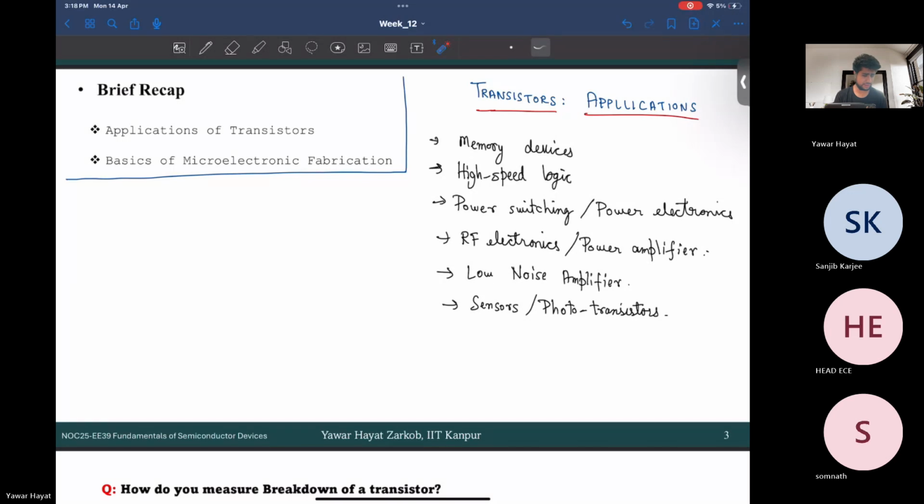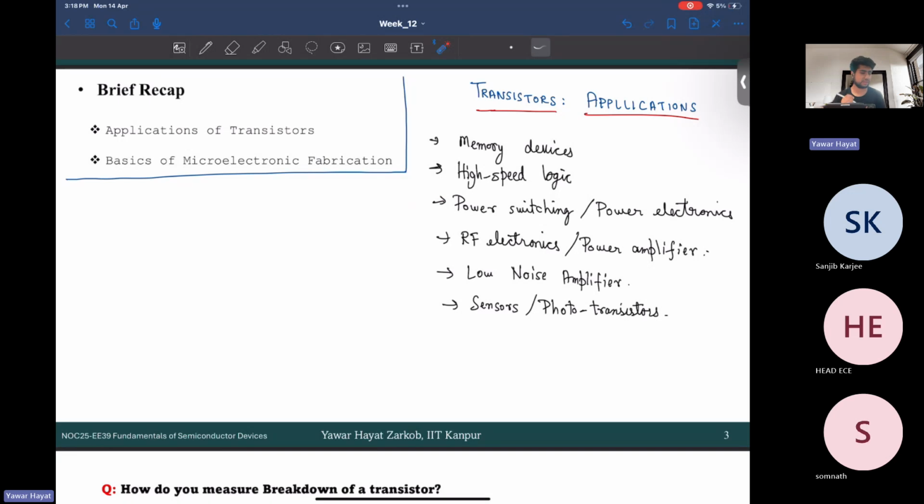For example, what kind of transistors target power switching and power electronics? They don't have gain. The transistors used for converters or power switching don't have gain.